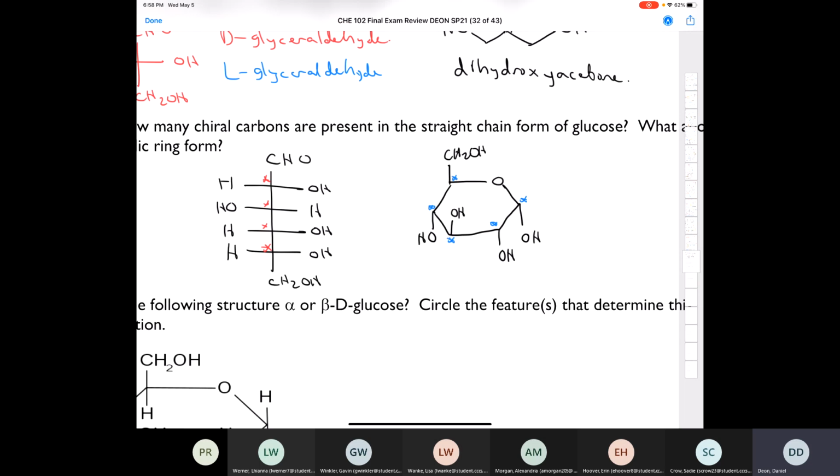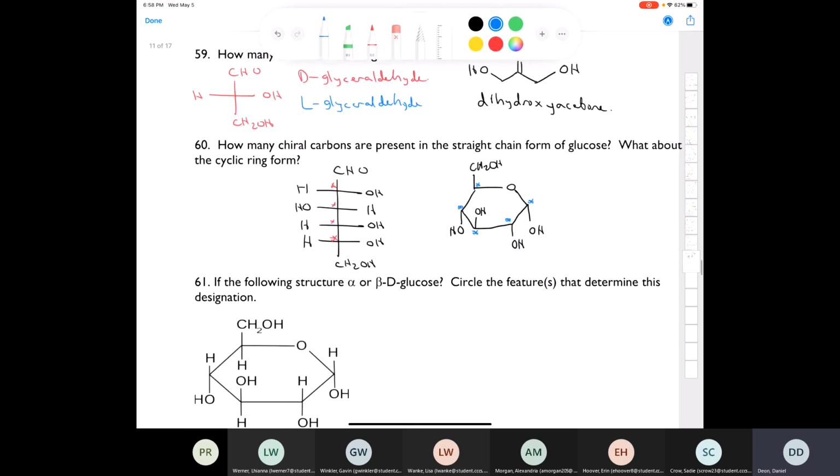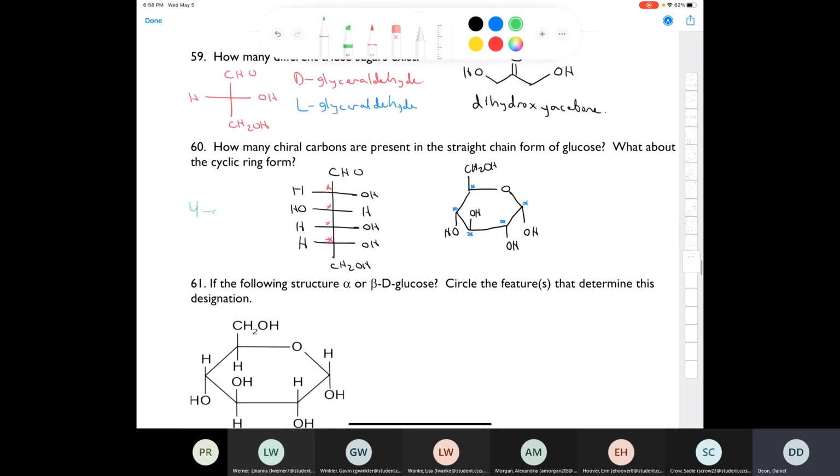Oops, am I missing one here? So in the first one we have 4 chiral carbons, and in the closed ring form we have 5 chiral carbons.